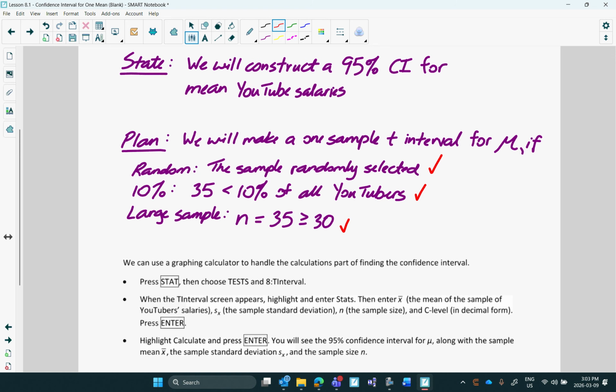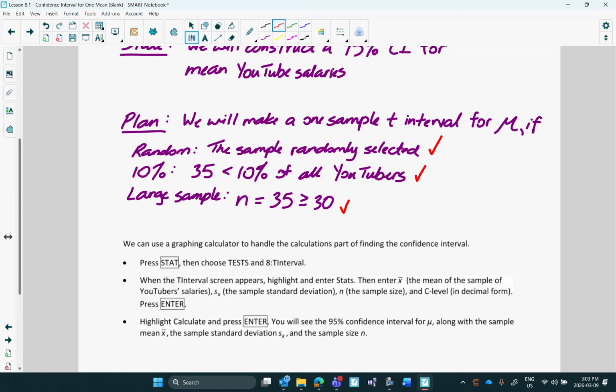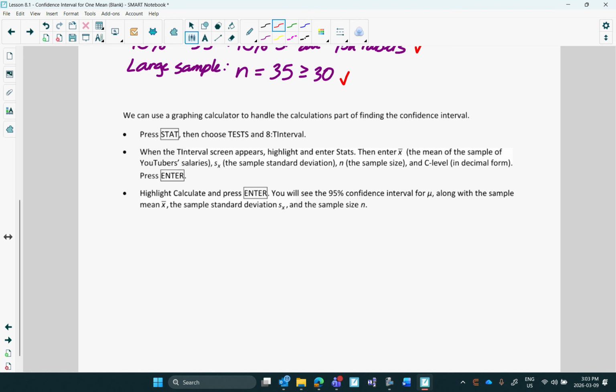Okay, now we go to our calculator for the do. And again, it's under tests. So if you go to stat, then scroll across to tests, you're going to see a whole bunch of them. Remember, we're looking for an interval, right?